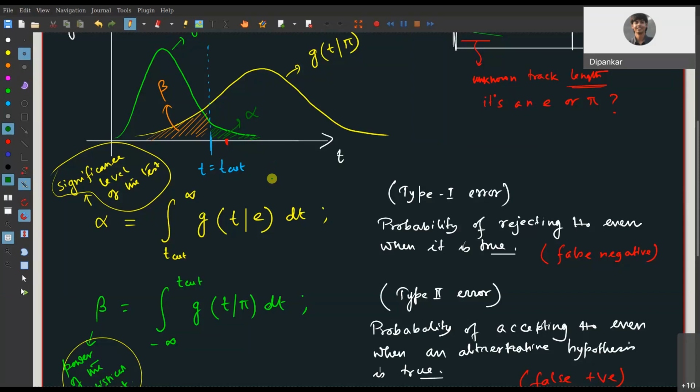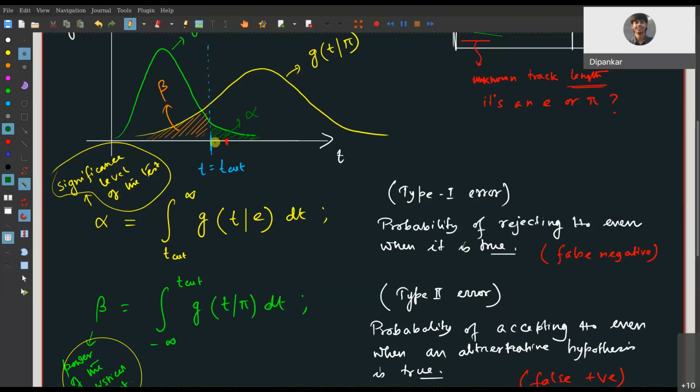There is no unique way of choosing an optimal value for t cut, but it is a compromise, and where you make the compromise depends on the problem at hand. But the essential idea for the cut-based analysis is that you choose a value of the t cut, and if t is towards the right, you accept the hypothesis, and if it is towards the left, you reject the hypothesis.